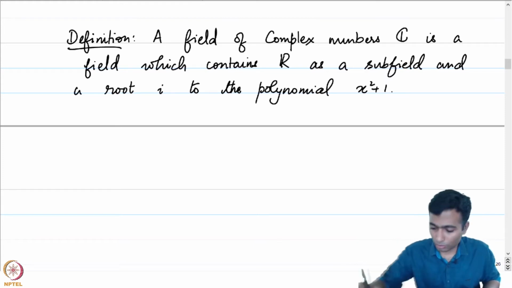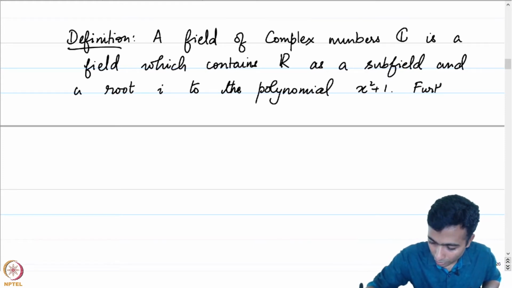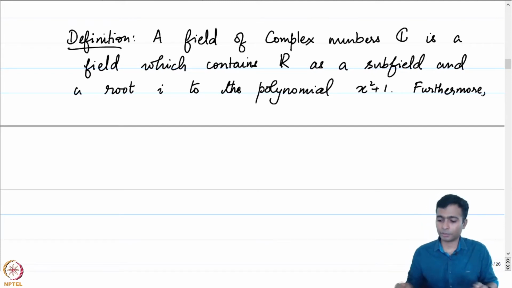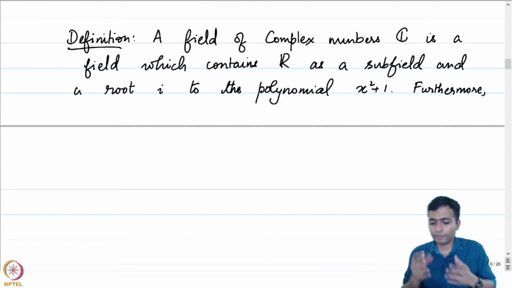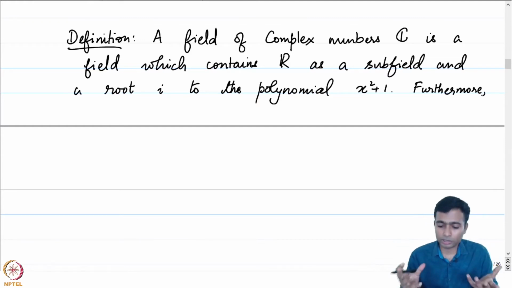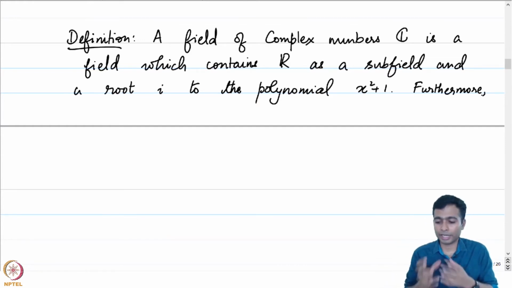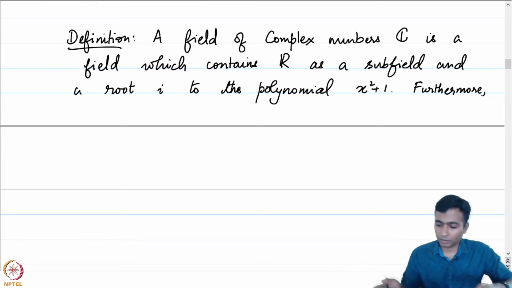The characterization is not over. Furthermore, this is not enough to speak about a field of complex numbers. We need something more. Furthermore, the field of complex numbers is the smallest such field which contains R and I.